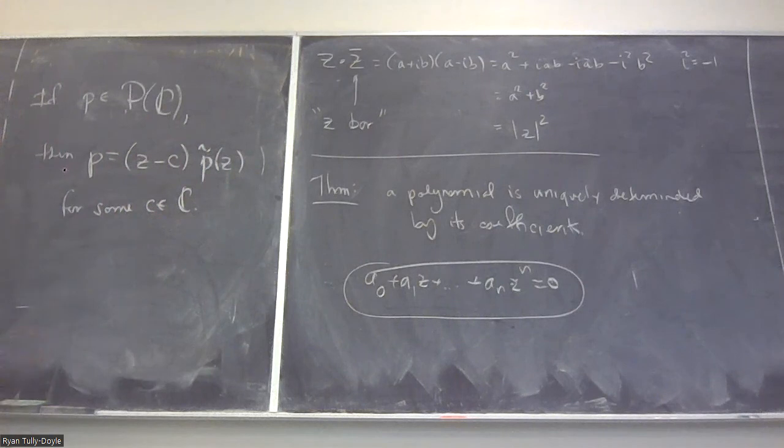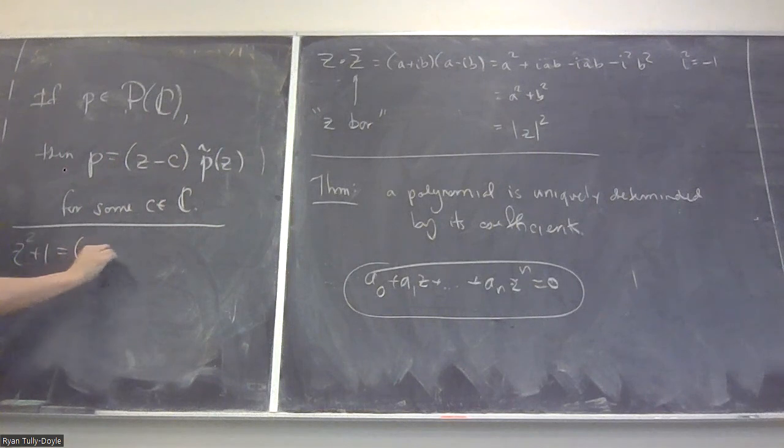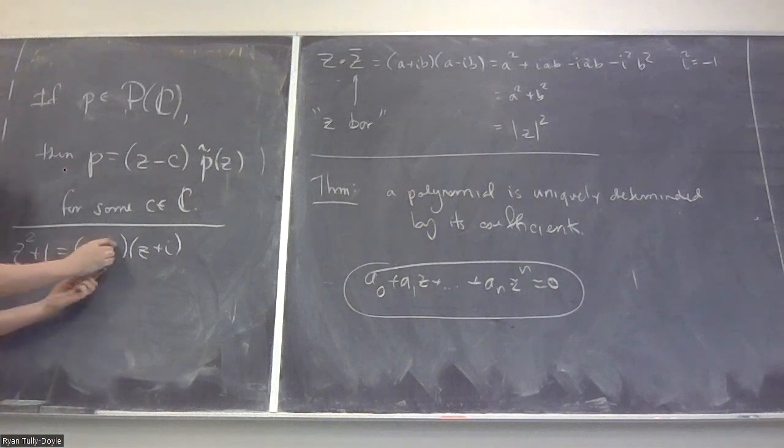Is that true in R? Well, let's see. Why are complex numbers better than real numbers? Because in complex numbers, this thing is equal to this. That factors. You never learned a sum of squares formula, because to have one, you need to know complex numbers exist.